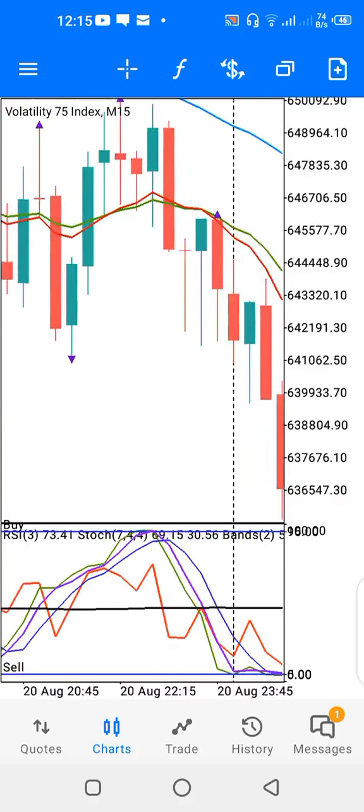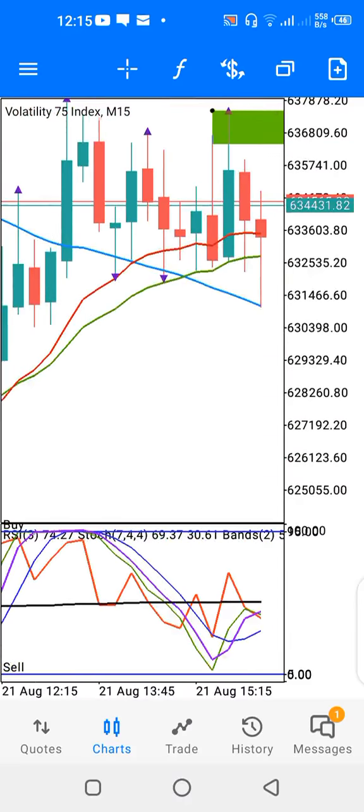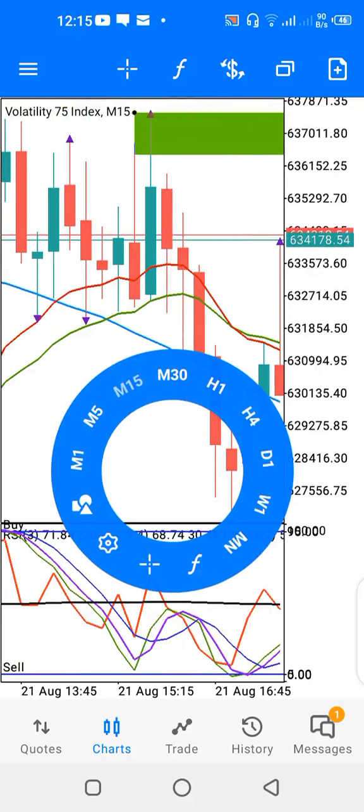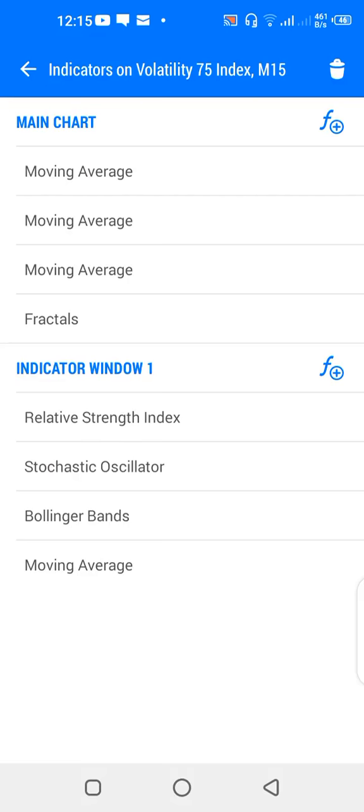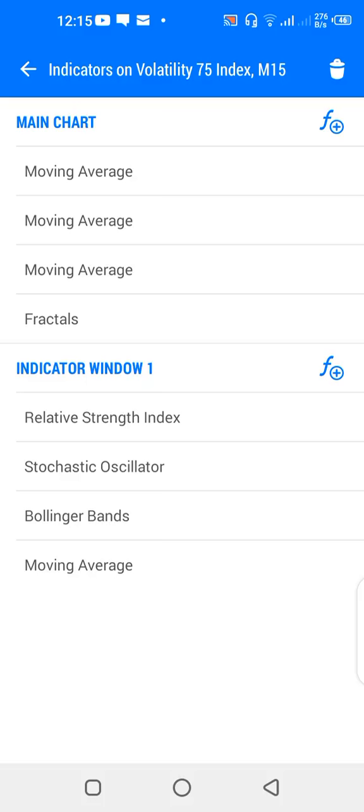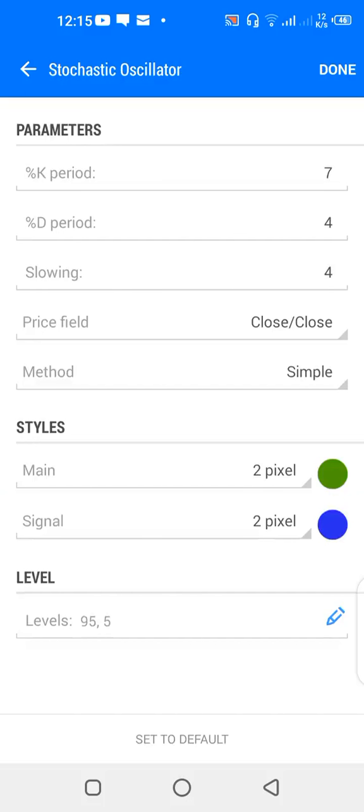So that's how the indicators on the main chart work. Let's look at the indicators on the indicator window. Let's look at the parameters. We have relative strength index, color is red, period is 3. We have stochastic oscillator, percentage K period is 7, percentage D period is 4.